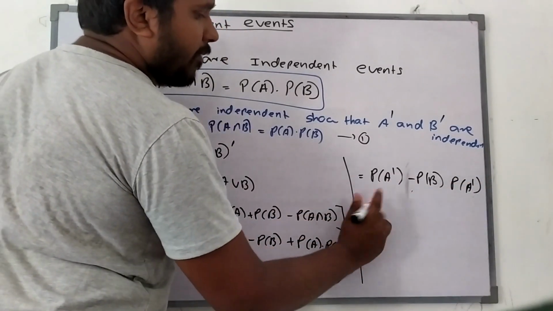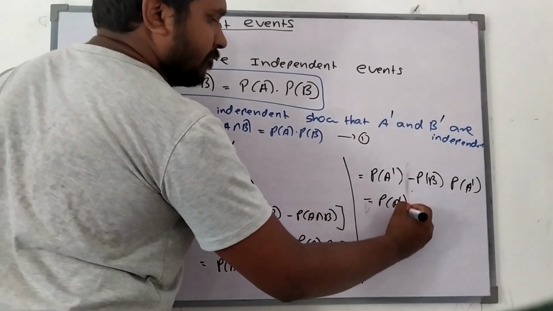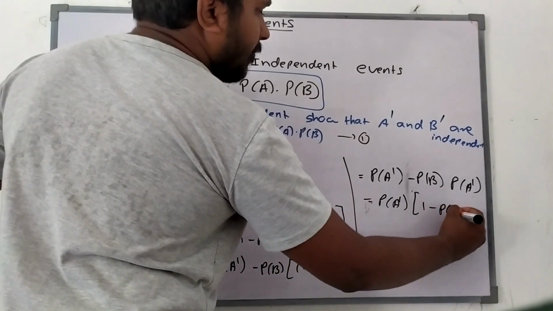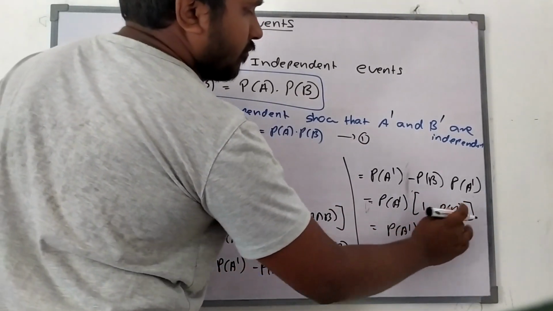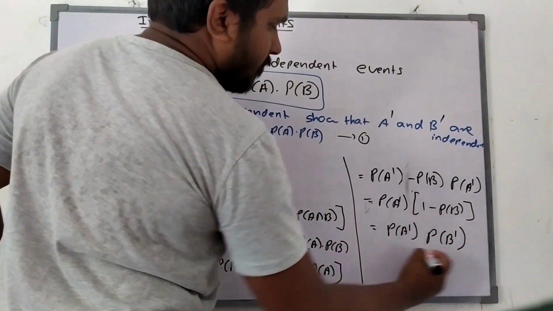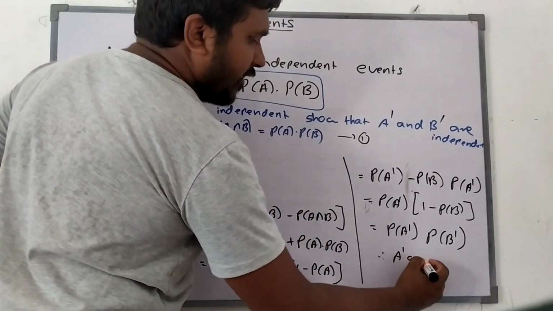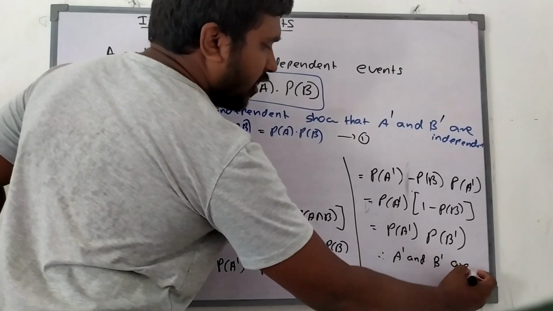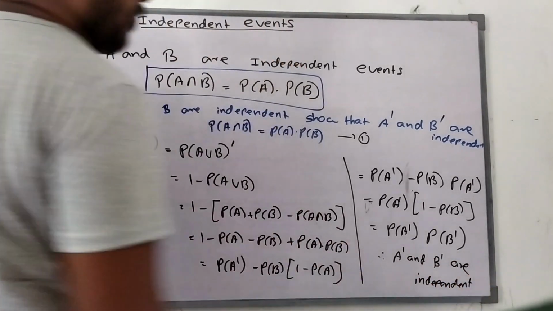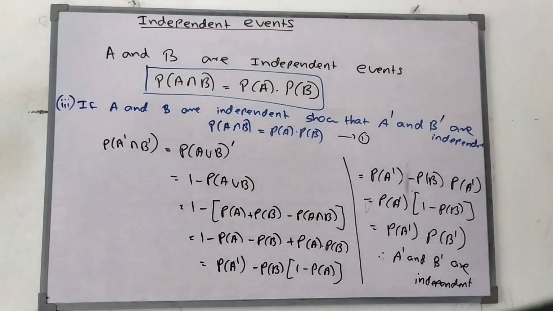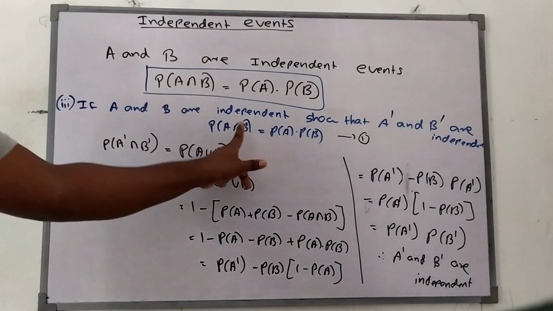So P(A dash) can be taken out, times (1 minus P(B)). This is P(B dash). Therefore, A dash and B dash are independent. This is the way of proving A dash and B dash are independent when A and B are independent.